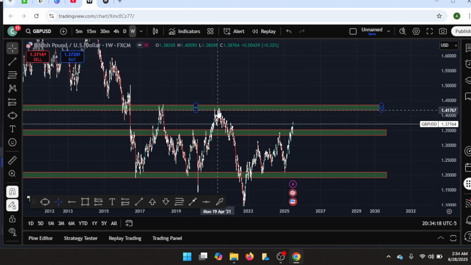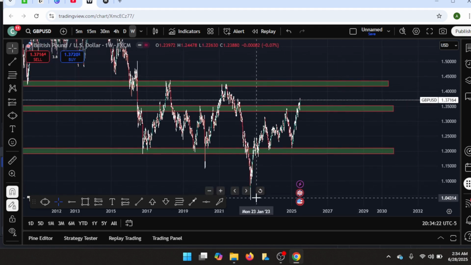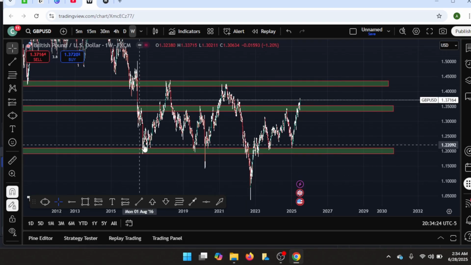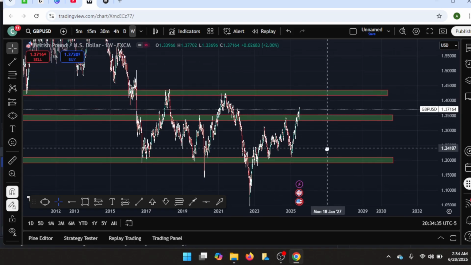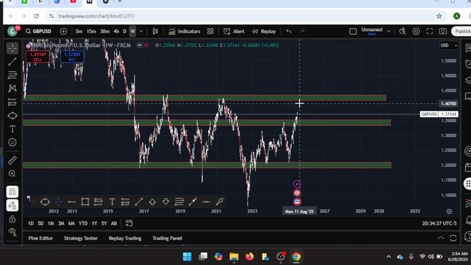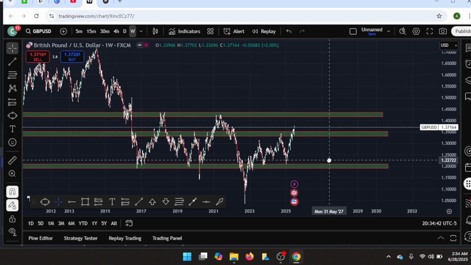Came to this zone here, rally all the way to the downside. But this area seems very strong. Look at it. It tested it again and it starts moving upward. Weekly time frame is telling us a buy.